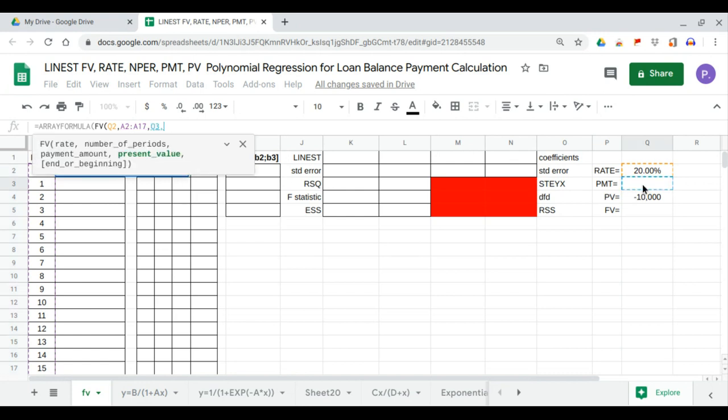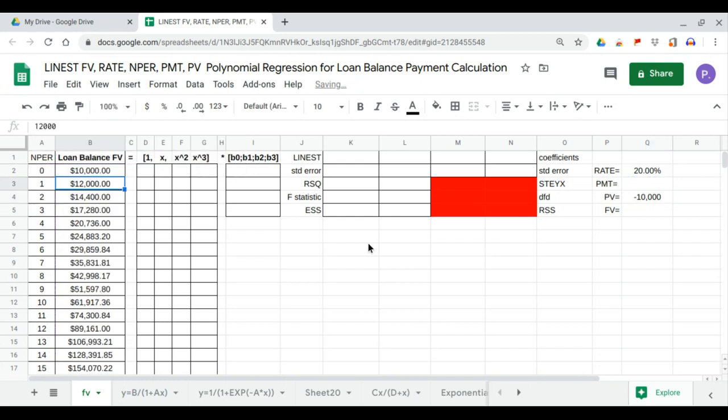We don't know how much to pay. And the present value is 10,000. And we'll just make payments at the end of the period. So it's zero. So our credit balance rises from 10,000 to the future value, 254,000.